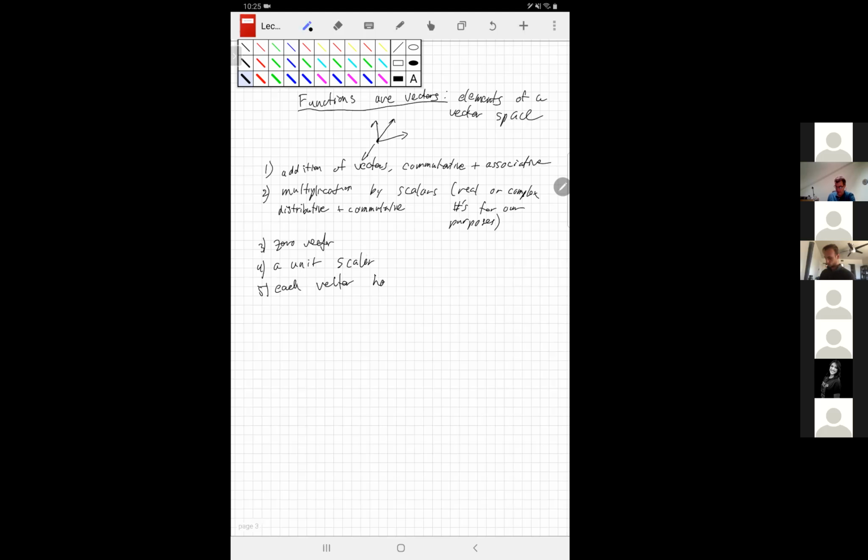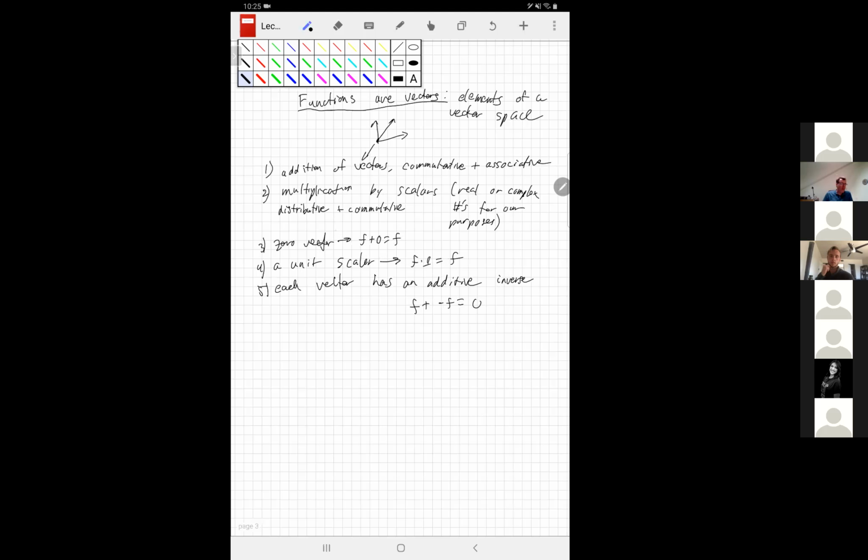And each vector has an additive inverse. What do these things mean? That just means that f plus 0 equals f. F times 1 equals f. And f plus negative f equals 0.